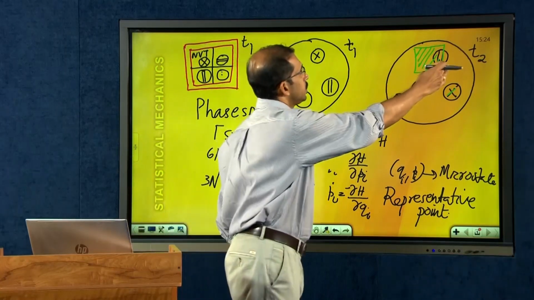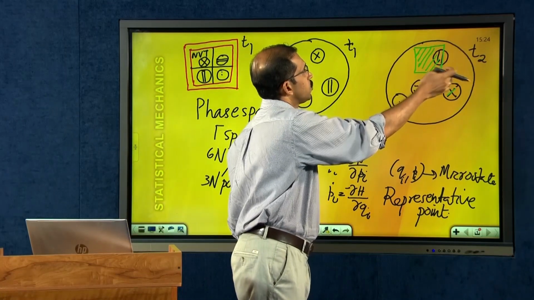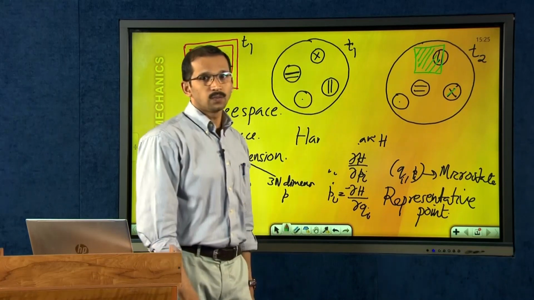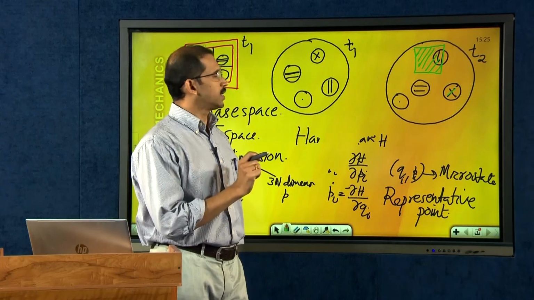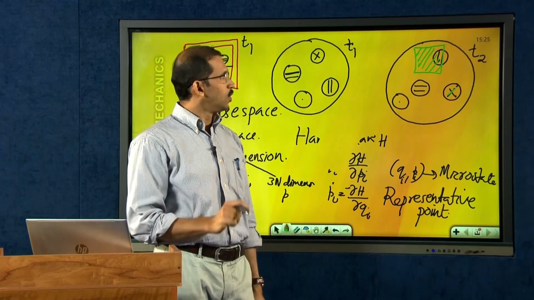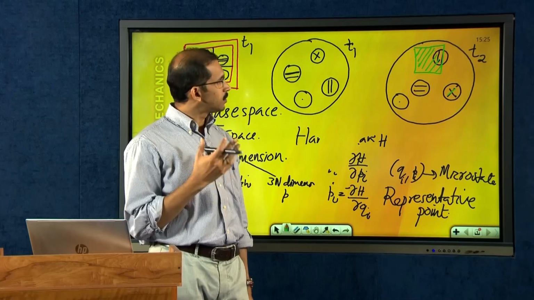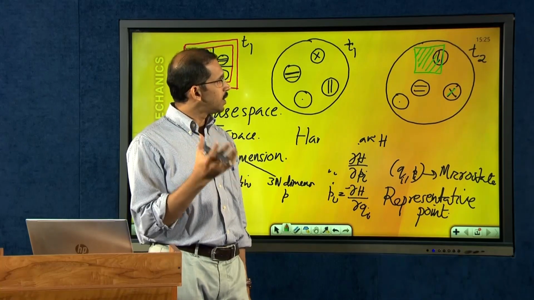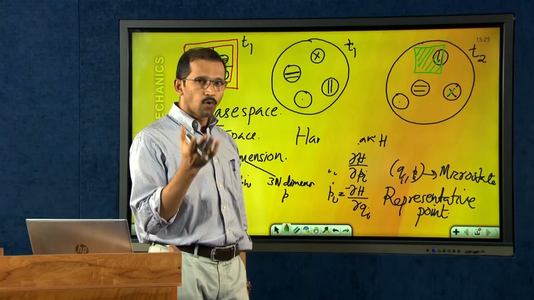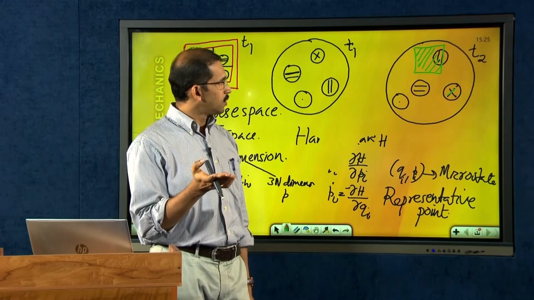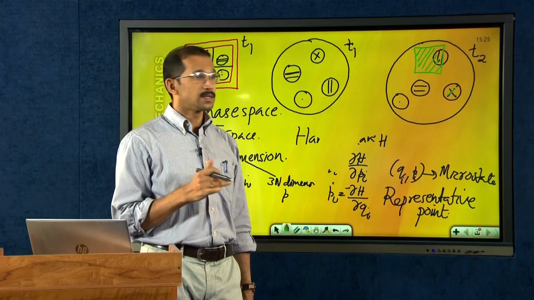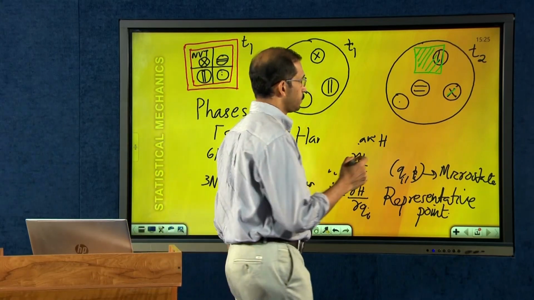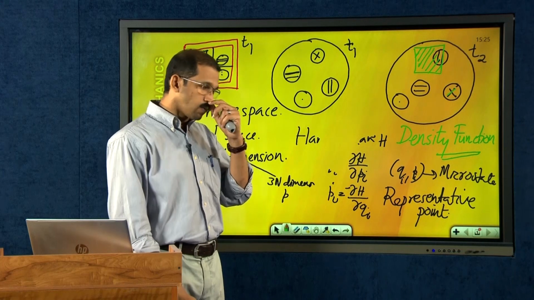As in this diagram, I am asking you to calculate it at time t2, and that number which you will tell me, the number of microstates in a random volume which we chose, is what we define as the density function.